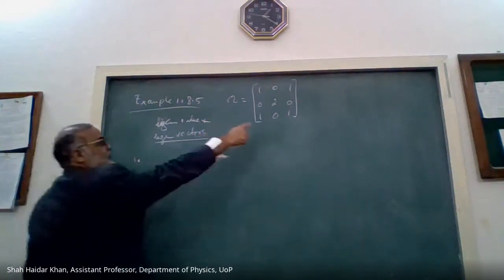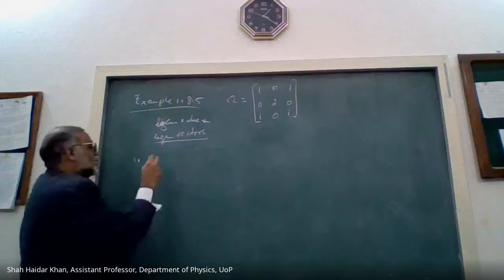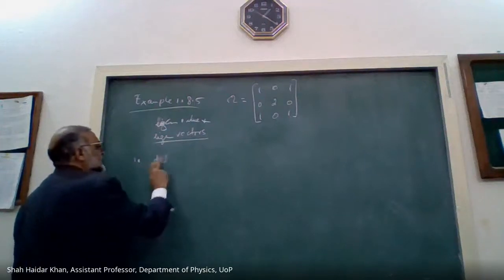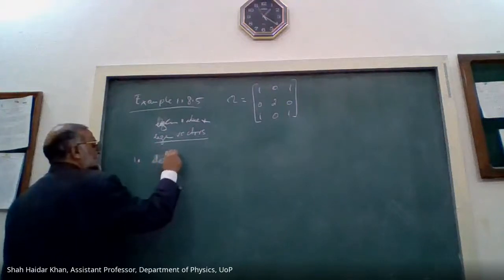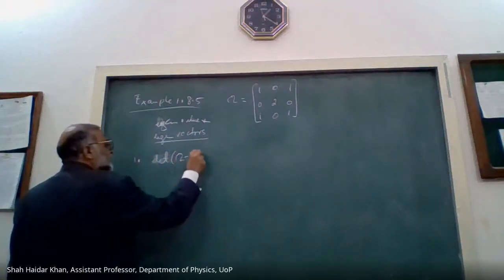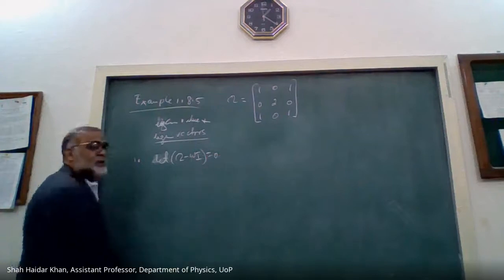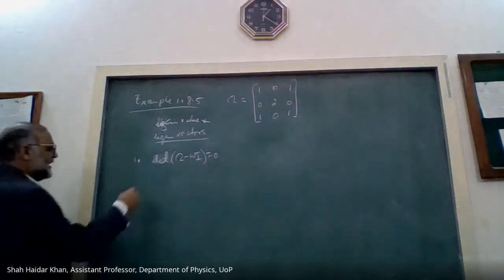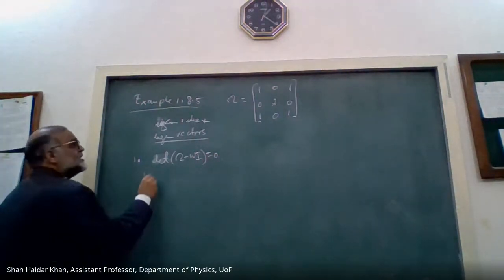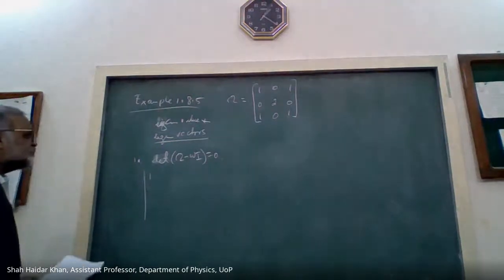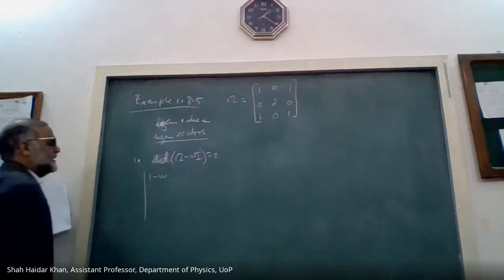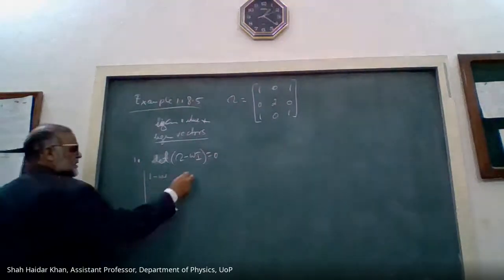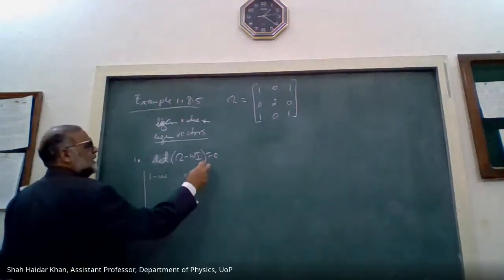So characteristic equation of this operator will be determinant of omega minus omega I is equal to 0, right? And it will be 1, right? Minus omega, right? 0, right?